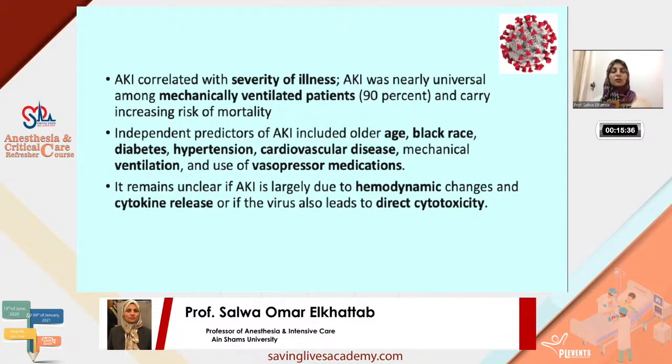Actually, the mechanism is not that clear. Is it a direct viral nephrotoxicity, or the more acceptable theory, part of hemodynamic instability, and might be a host response in the form of cytokine release syndrome?